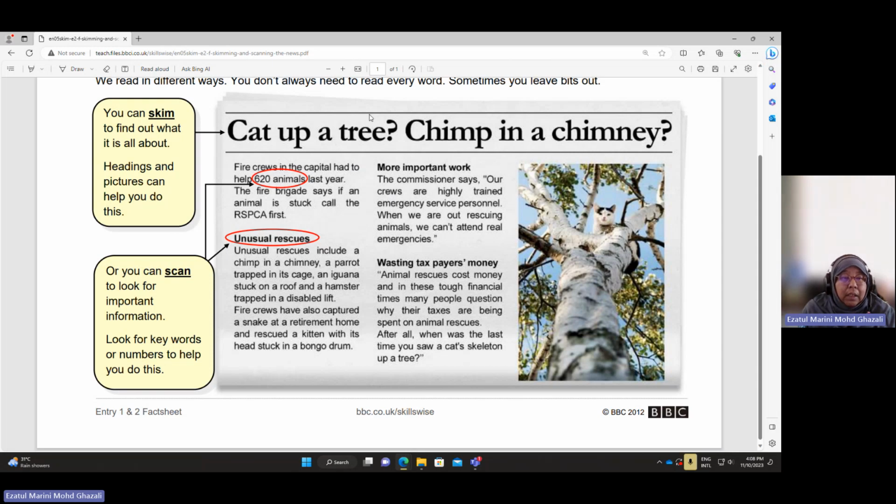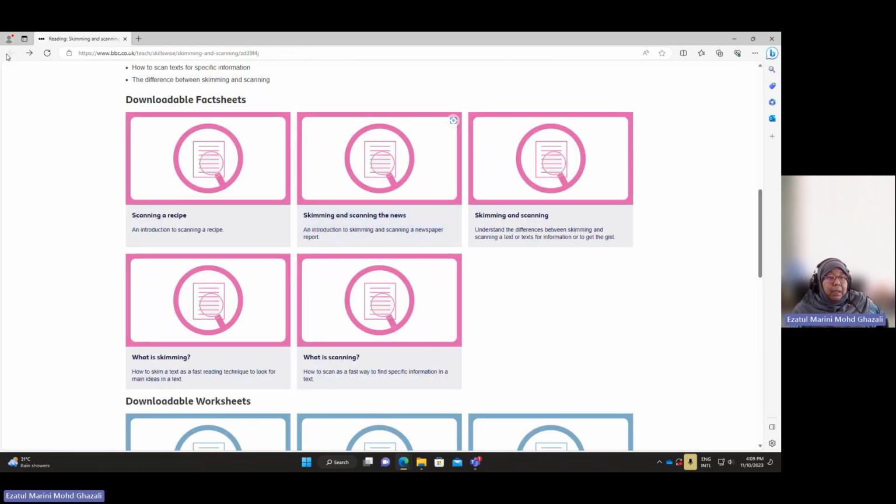So you know already this article is talking about something here. Or you can also scan to look for important information. If you read here, scan important information, 620 animals and then unusual rescues.